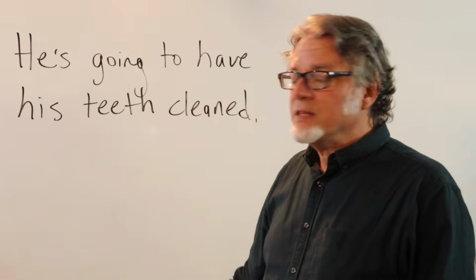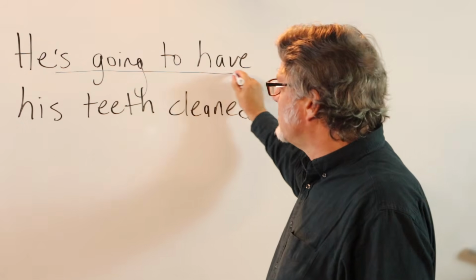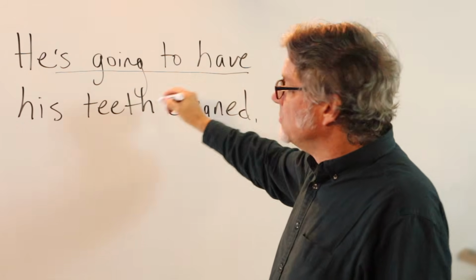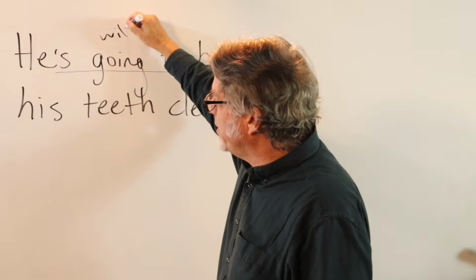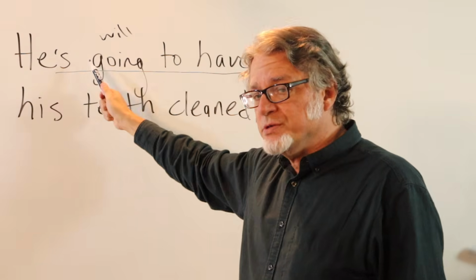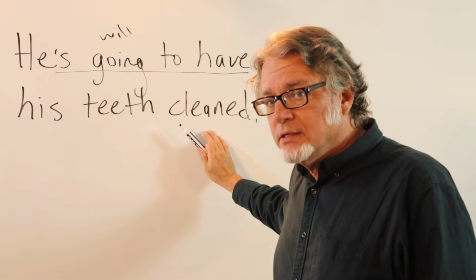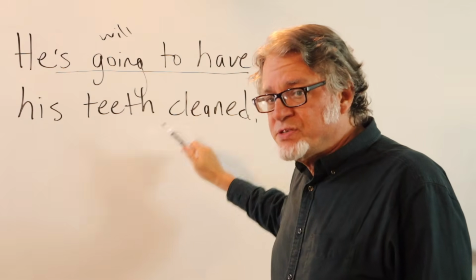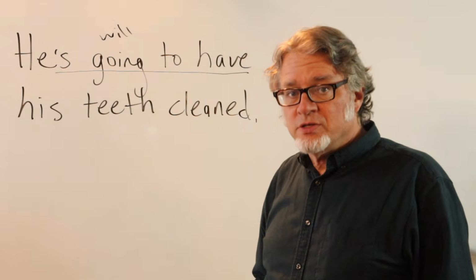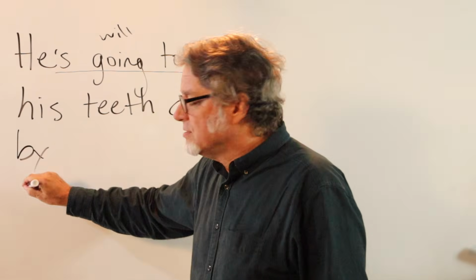This sentence is in the going to future. Right here, he's going to have. You could use will. He will have, but many people will use going to. He's going to have his teeth cleaned. It's not necessary to say who is going to do the work. We know that it's a dental hygienist.